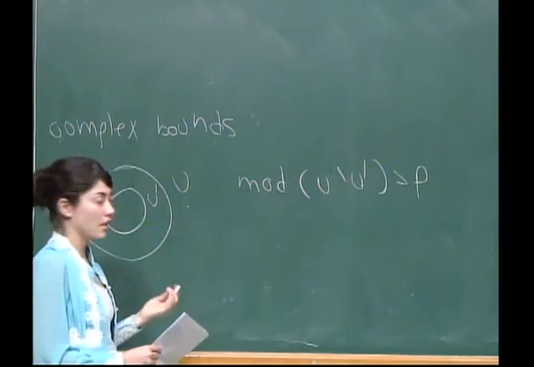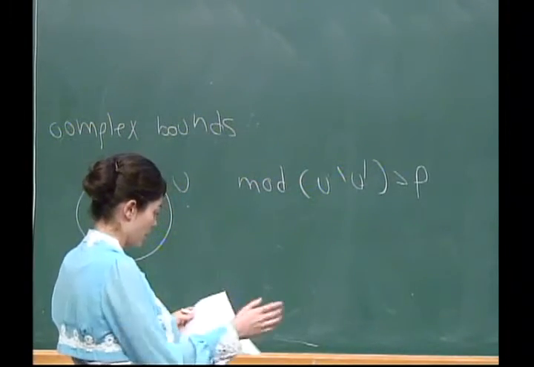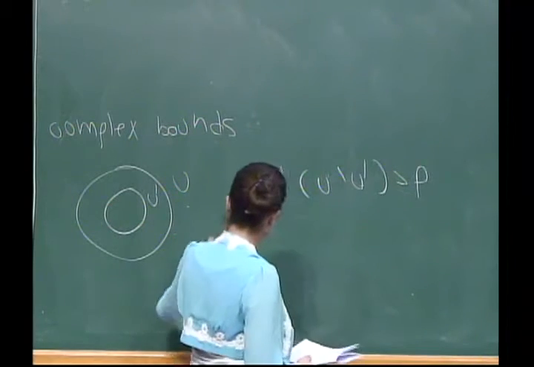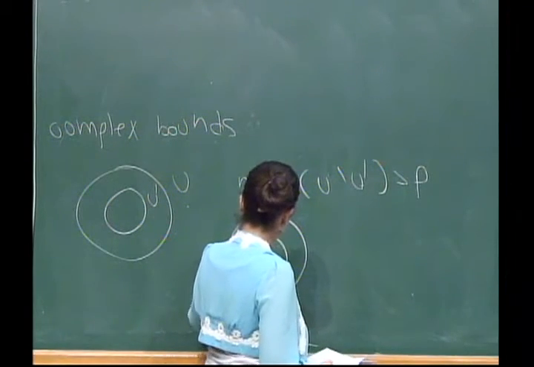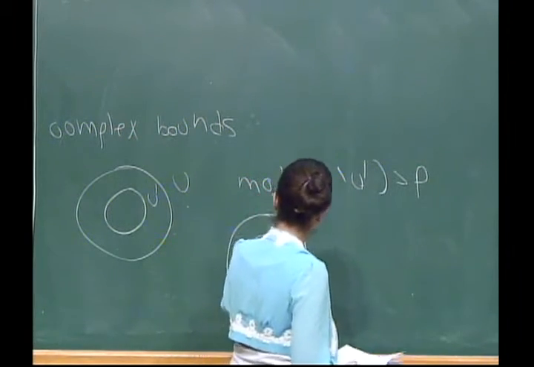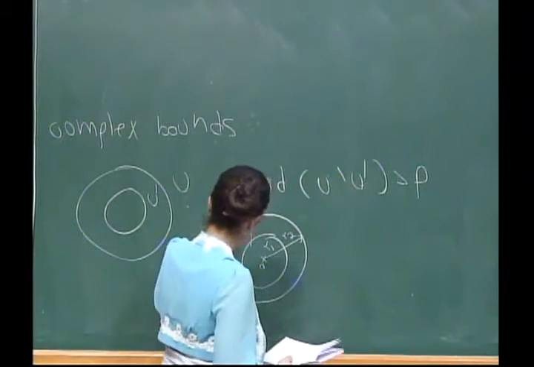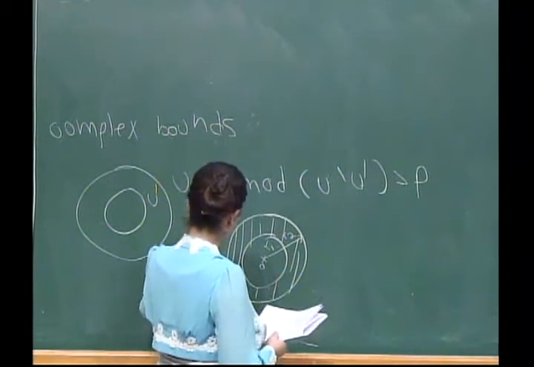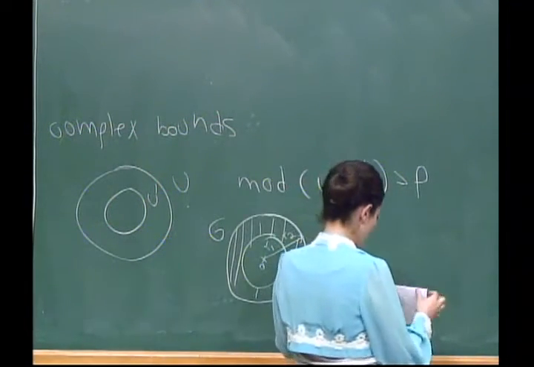If you don't know what moduli is, I'm going to define it. Just imagine this is actually an annulus. So imagine that you actually have just two round disks. This is 0, and then you have R1, and then you have R2. And then let's call G the ring between these two, okay? So that'll be G.